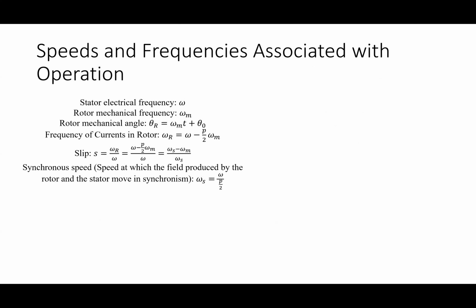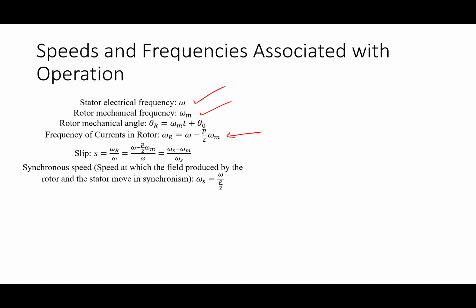So basically what we say is slip is the difference between, if I go back here for a second, right? Slip, we define a couple of important frequencies. The electrical frequency in the stator is the frequency of the currents and voltages that are applied on the stator. There's the rotor mechanical frequency, omega m. Then there's the frequency of the currents that are induced in the rotor. That's the difference between the speeds of the two fields.